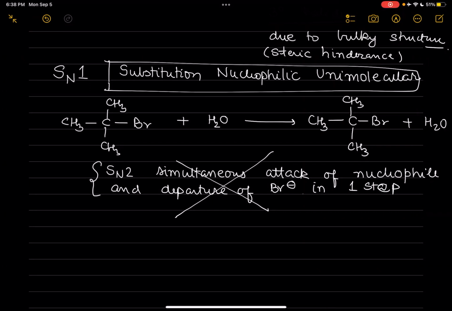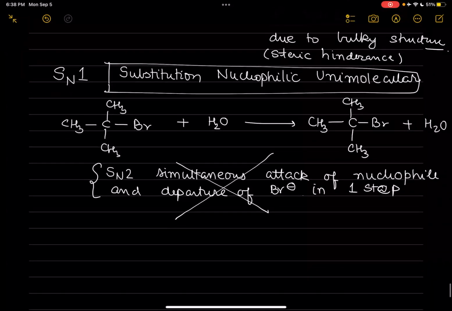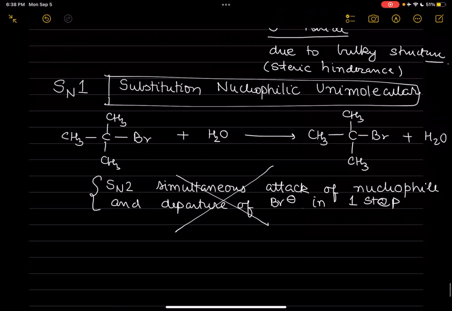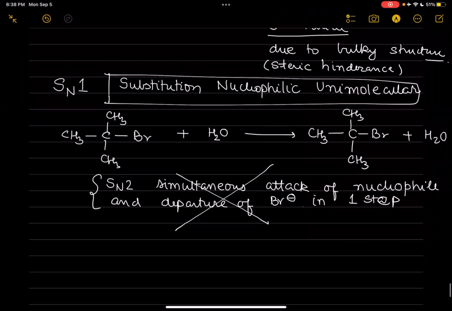Why is it bulky? Because it has the carbon which is attached to the leaving group. Can you expect the water molecule, Anushka, to come in and attack the carbon? Is it possible? Yes, sir. No, it is not possible. Why is it not possible?